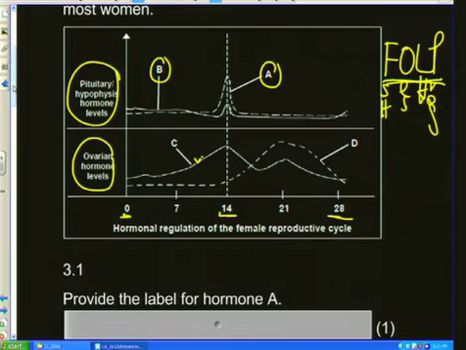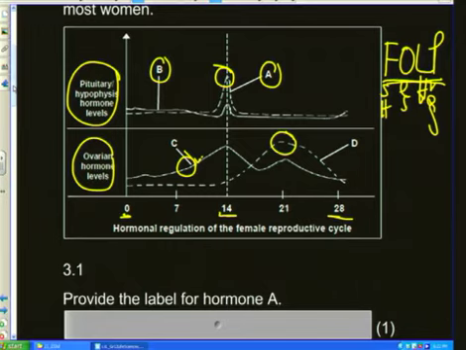After B increases, you see there's an increase in C, and last, there's an increase in D. So based on where we found the increases, we can place them. B will be FSH, C will be estrogen, A will be LH, because it peaks in the middle, on the 14th day, and the one that peaks later, D, would be progesterone.